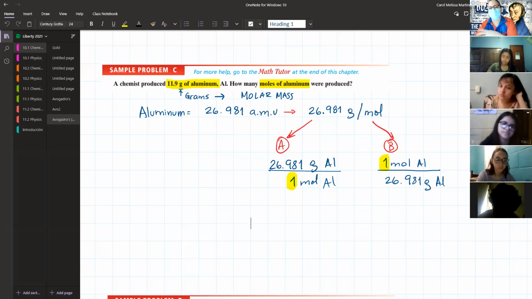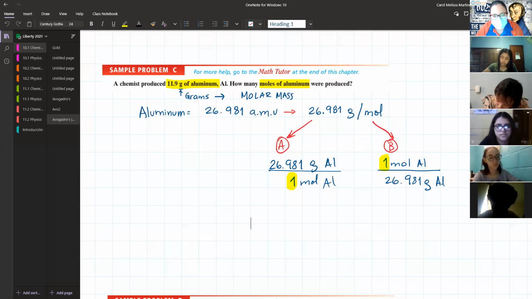So if you have 2 moles, it's going to have double the amount of grams. But that's why we do the conversion factor, that's why we do the conversion process. But yes, the factor here is always going to be 1.